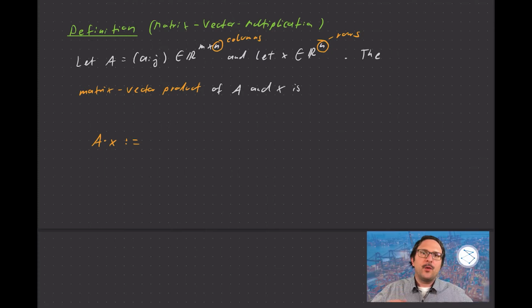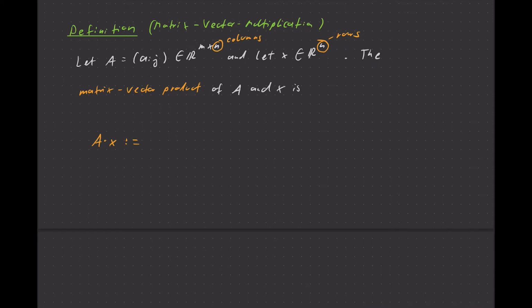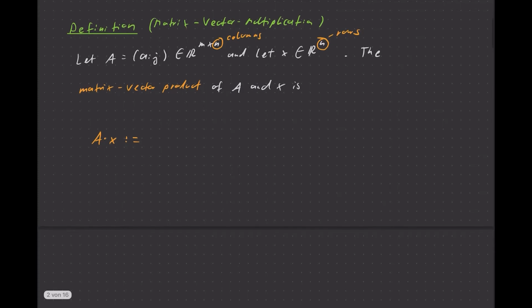We take one row of the matrix A and we then multiply that row component-wise with the components of the vector x. We do this for every row. We add up the single components for every row, and the resulting vector is the result of our matrix vector multiplication. Now it sounds complicated. Let me write it down, and as I said, we'll see an example in just a few minutes.